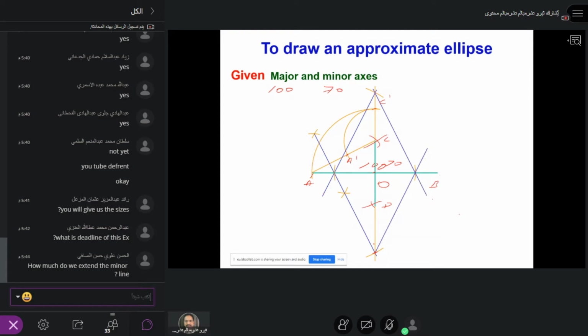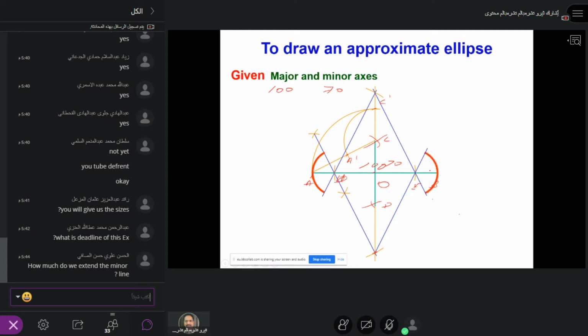Now let's say this is E, and this is D. Take D as center, DA as radius, and draw the arc. After that, similarly, take E as center, EB as the radius, and make the arc again.